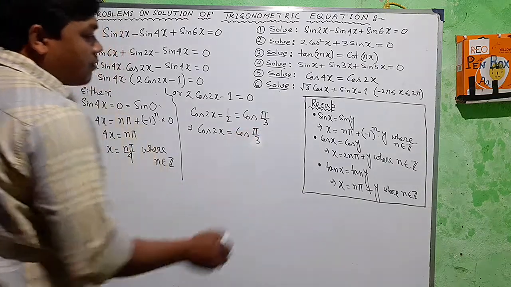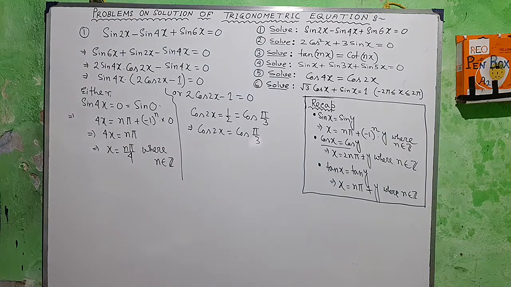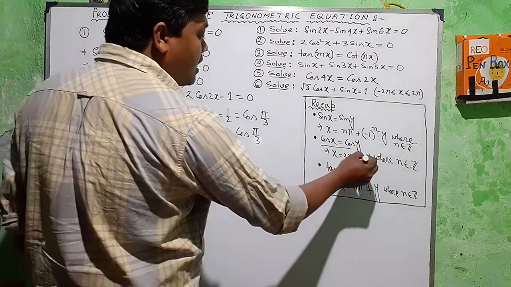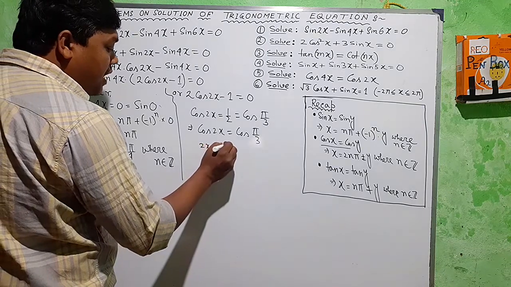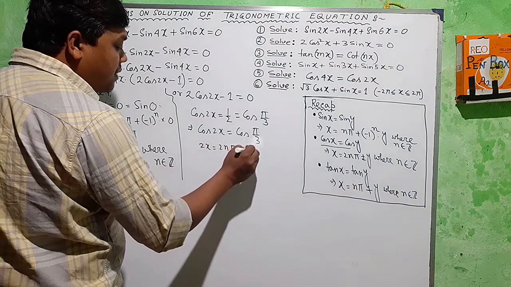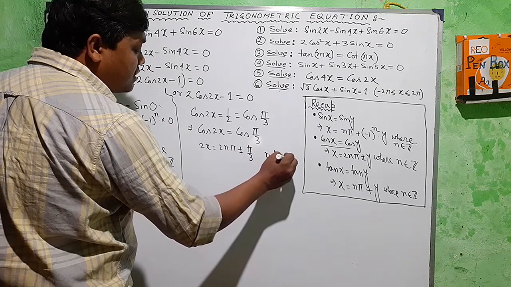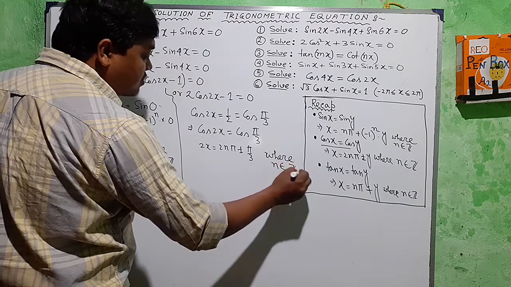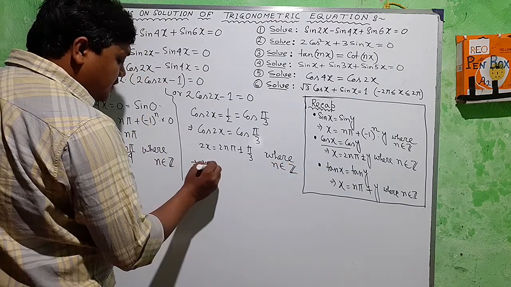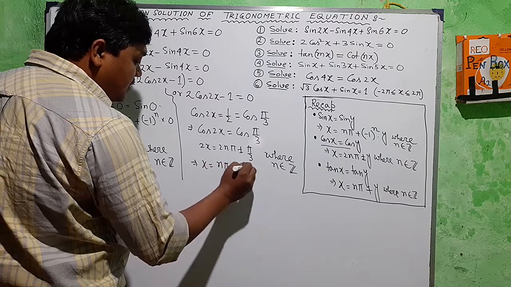According to the formula, cos x equals cos y gives x equals 2n pi plus minus y. Here y equals pi by 3. So 2x equals 2n pi plus minus pi by 3, where n belongs to Z. So this gives x equals n pi plus minus pi by 6.